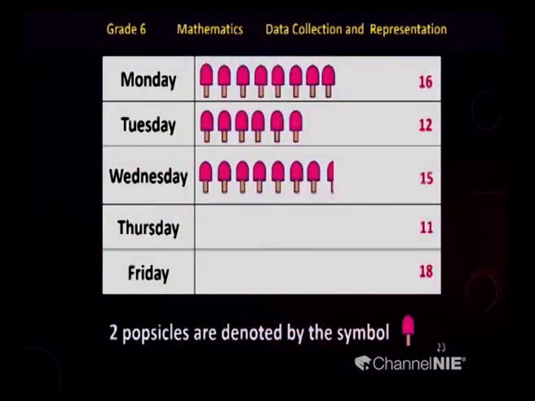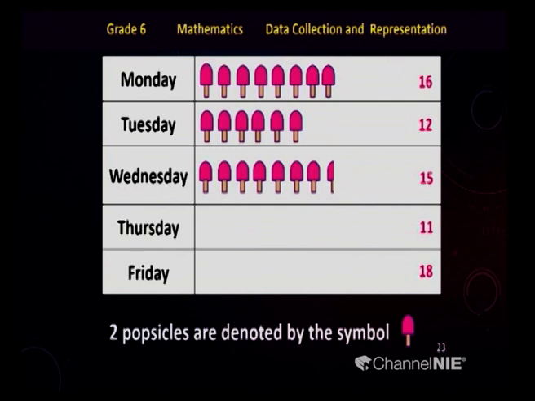Okay, now you can get an idea about 15. How many popsicles? 15. Then how many symbols do we have to use? 7 and a half. Because for 15 we have to use 7 symbols and half of this symbol.